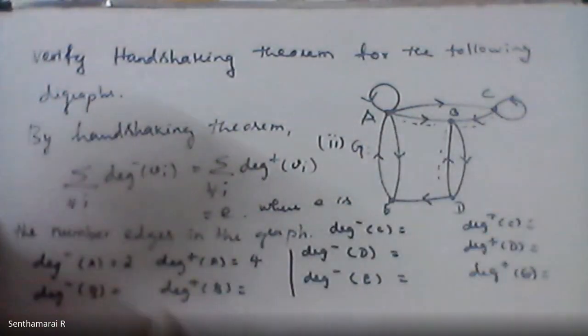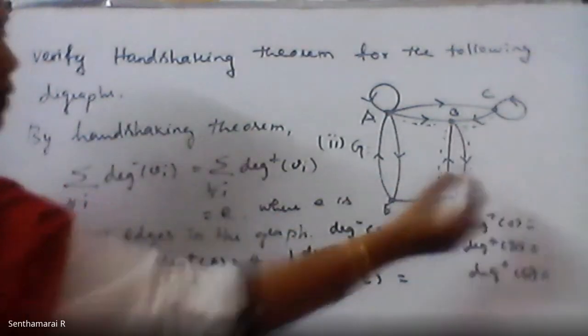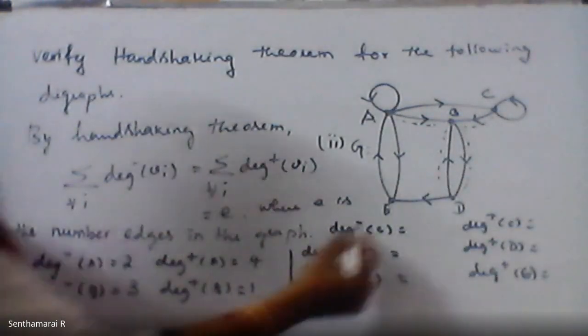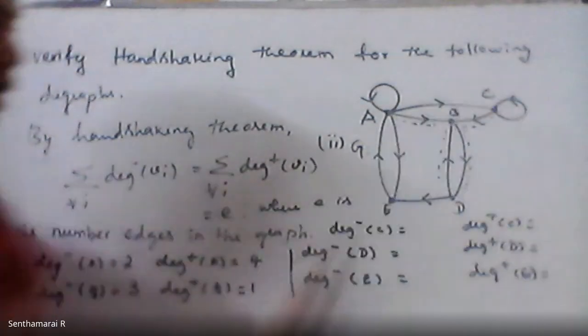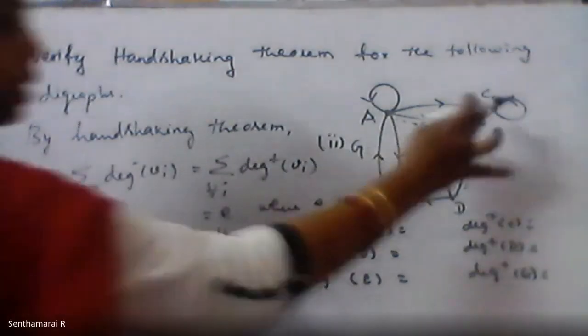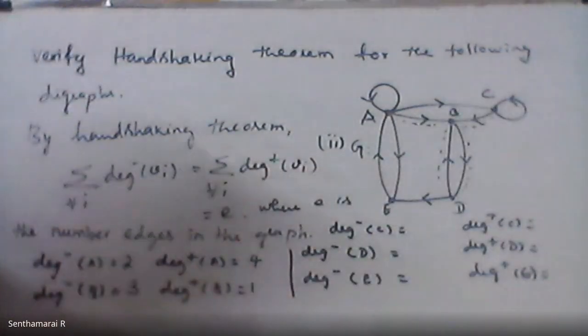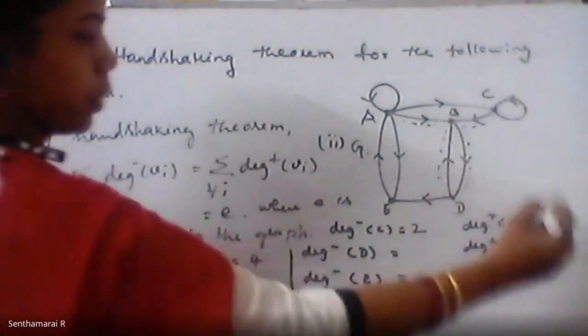Can you identify? That is 3. Out degree of B is only 1. Degree minus of C? A loop we have to count in both the out degree as well as in degree. So 1, 2. This is 2. Out degree of C is again 2. See here, 1 loop, 2.